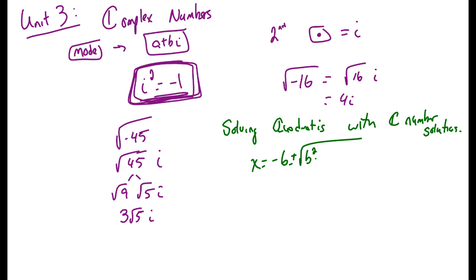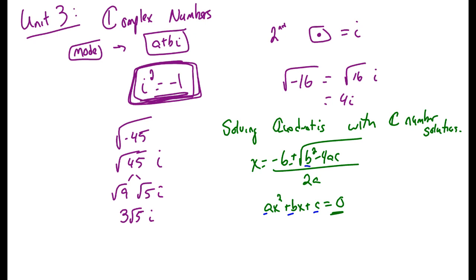When we use the quadratic formula, we pick the coefficients off of ax squared plus bx plus c equals 0. You have to make sure your quadratic equation is set equal to 0, and then you can pick those three coefficients off and plug them in. Be careful with the b squared term because you're probably going to square a negative number.